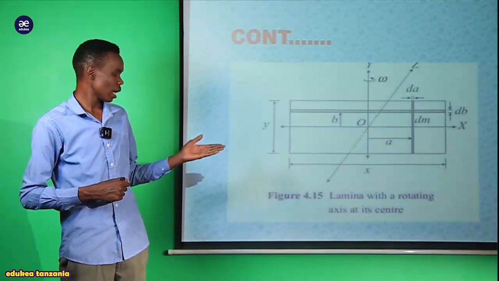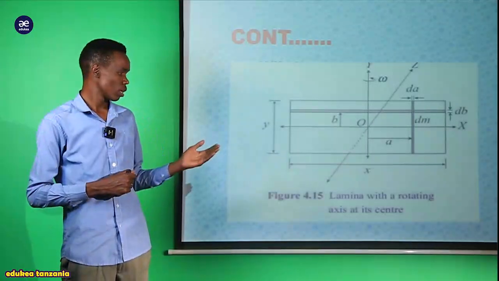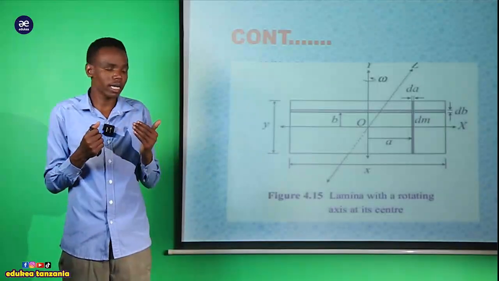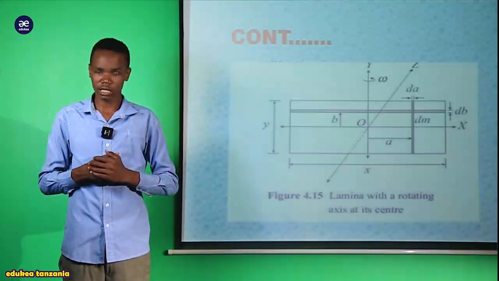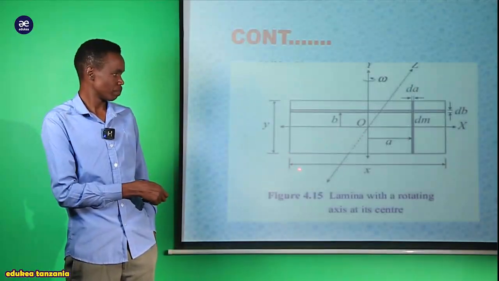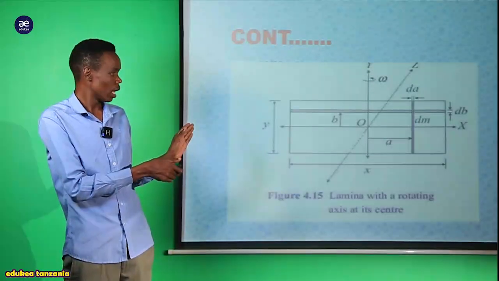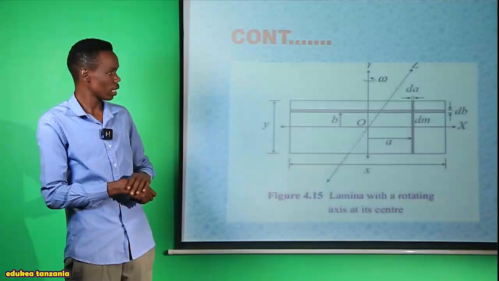Our figure number 15 explains how the lamina rotates about an axis at its center. The lamina looks like a uniform load, like a rectangle, as we can observe.